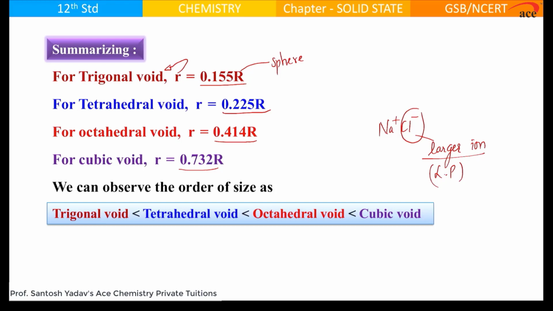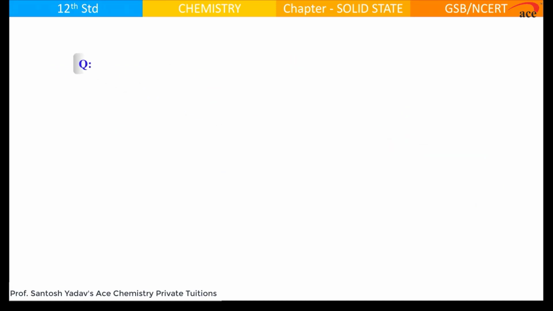It will make up the packing like FCC, HCP and so on, and Na plus as per its size will go to one of these voids. So, if the size is very small, it will go into trigonal void. If the size is very large, it will go into cubic void. That is what you should be thinking about ionic structures.